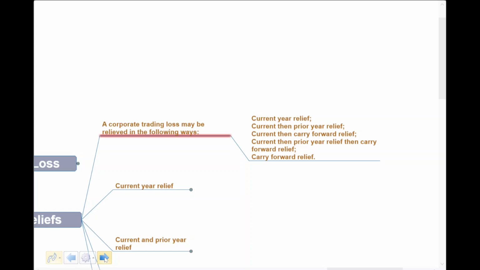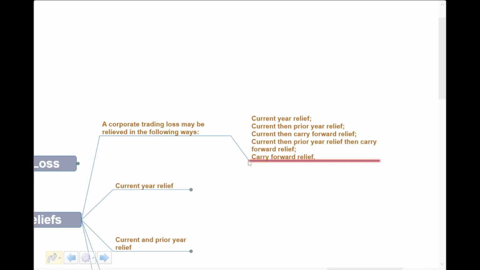Now, don't worry about the number of different elements, in other words, the number of different options. Certainly, I recall the first time that I dealt with corporation tax losses, I thought, how am I going to remember all this? You will if you practice. Okay? So, in terms of a corporate trading loss, you'll see a number of different options. Now, these are all separate.